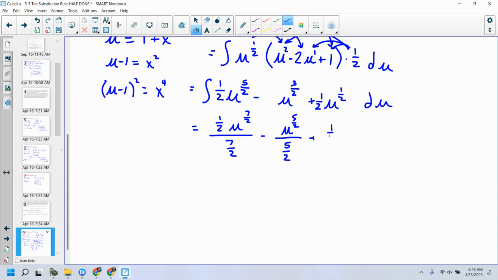Plus, and then we've got 1/2 u to the 3/2 over 3/2. Everybody follow me there? Okay, let's just reduce that in terms of the fraction. Plus c. Can't forget about not plus c. Okay, so 1/2 divided by 7/2.